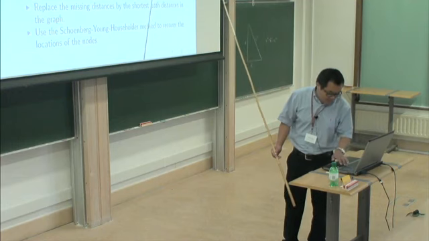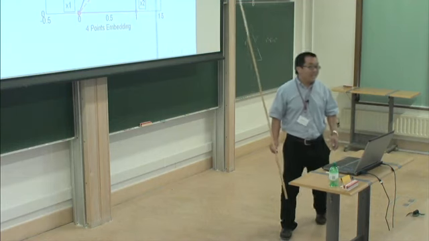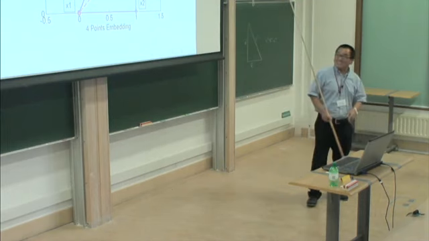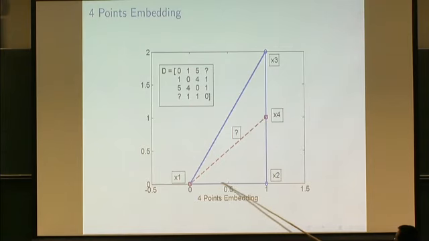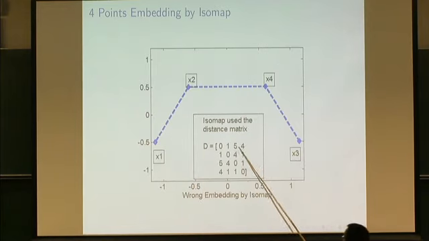But I'll use a toy problem to show there are certain drawbacks. For example, this is a triangle problem. This is unit distance, this is unit distance, and we only miss this distance. If you use the shortest path, this is 1, this is 1, the shortest path is 2, and you square it, it is 4.